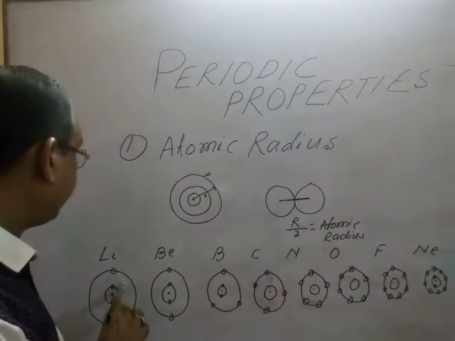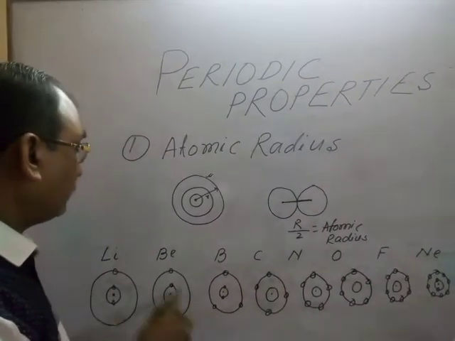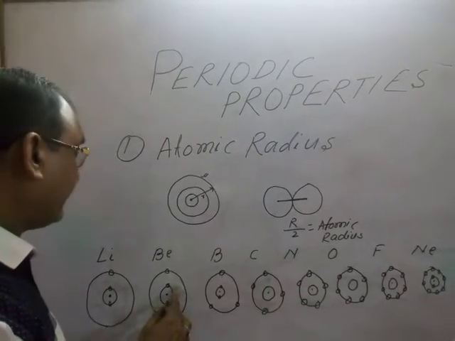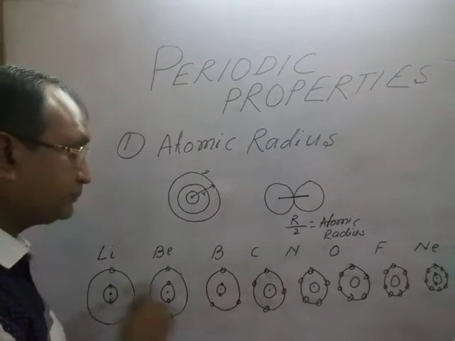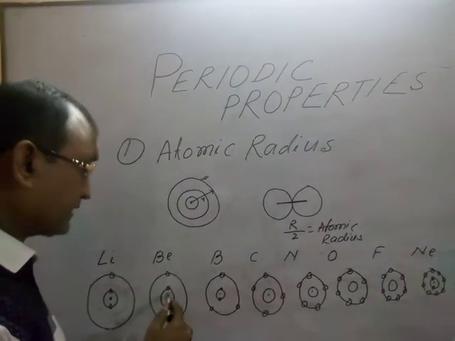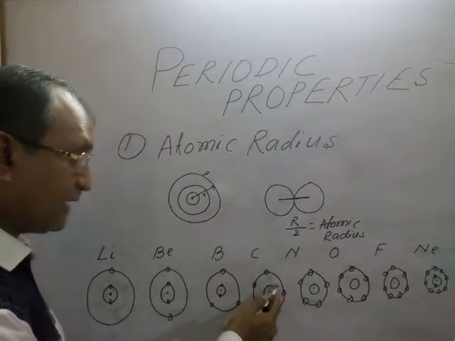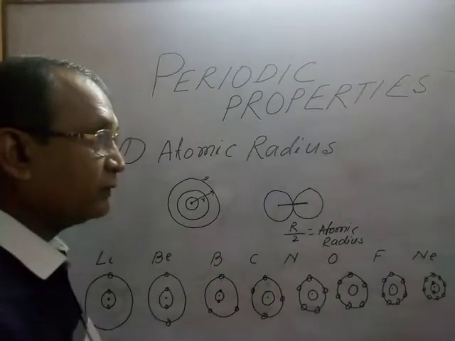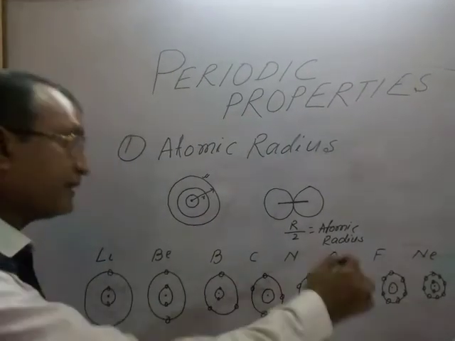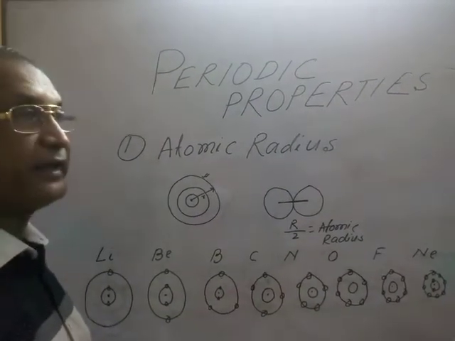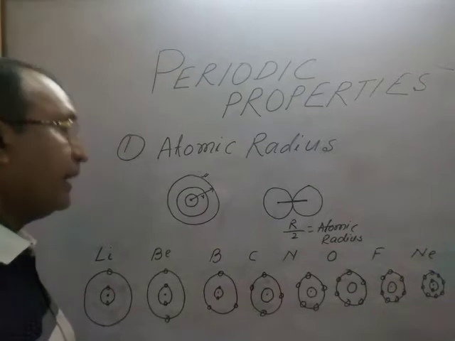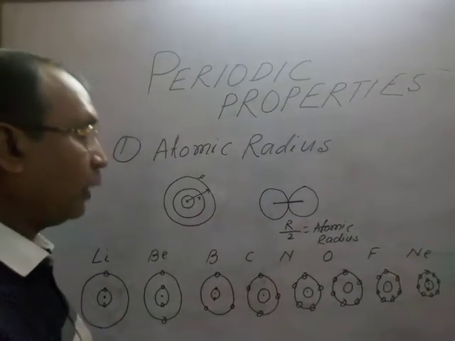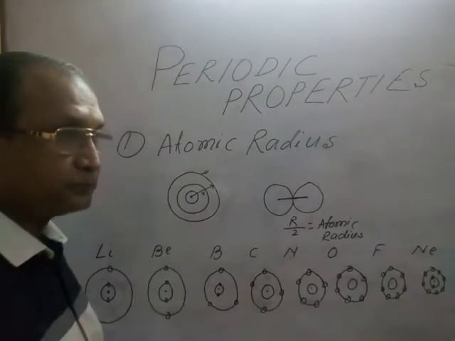Here we see lithium, beryllium: the size of beryllium is less than lithium, the size of boron is less than beryllium, the size of carbon is less than boron. It is decreasing in nature. Atomic radius will decrease across a period from left to right.